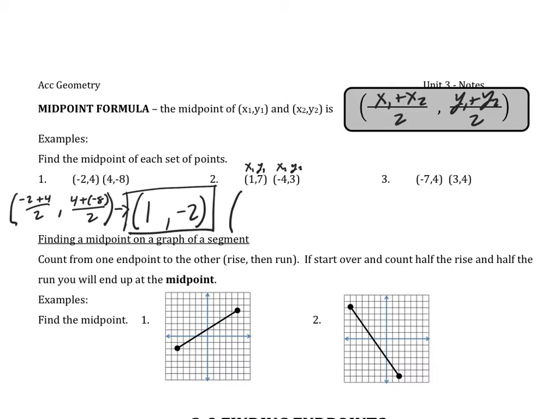So we should have the sum of the x's, which is 1 plus -4 divided by 2, and then the average of the y's, we take their sum, 7 plus 3, and then divide by 2. Then we just want to simplify. So always simplify, don't leave anything unsimplified here. So we would have -3/2 and 5 as our point. Okay.